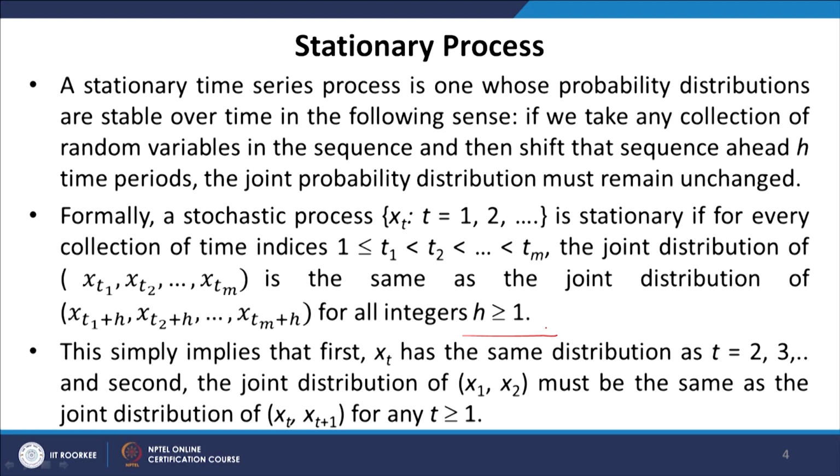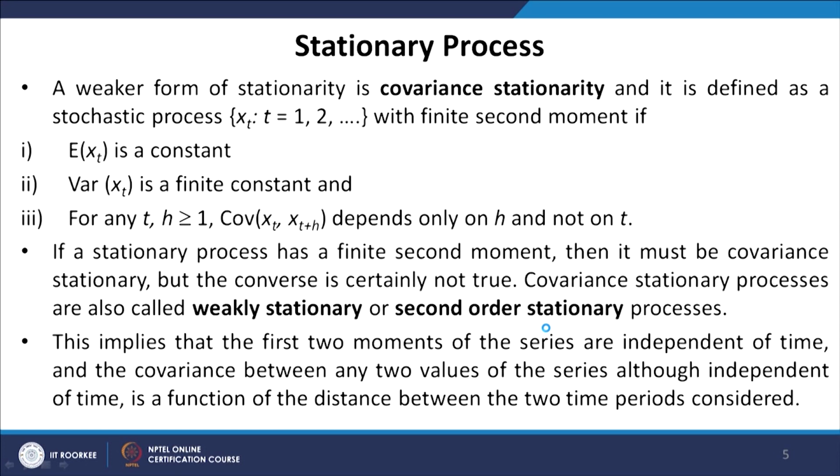Often we deal with a weaker form of stationarity, and that is covariance stationarity. This was also introduced while we were discussing univariate time series modeling, that is AR and MA processes.